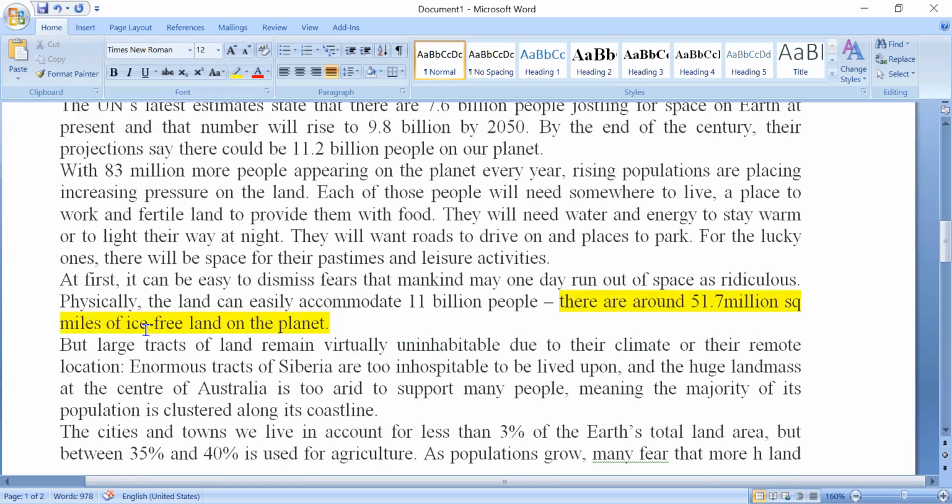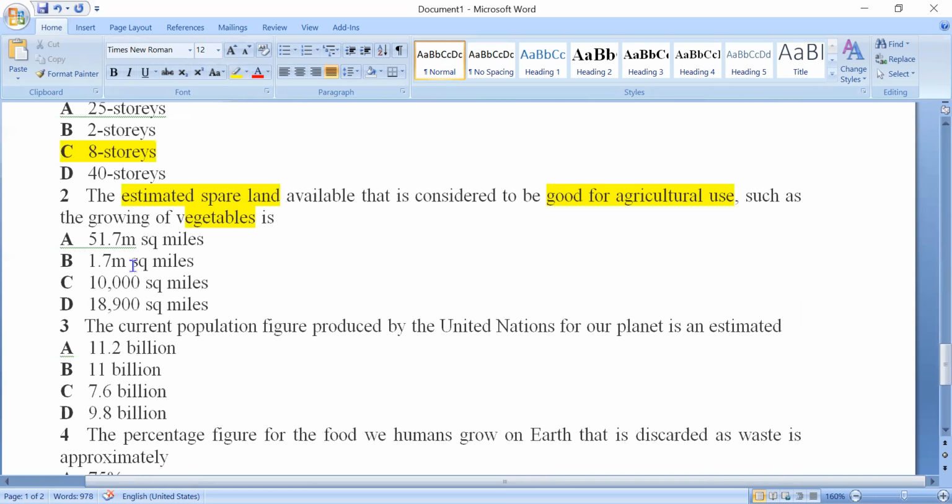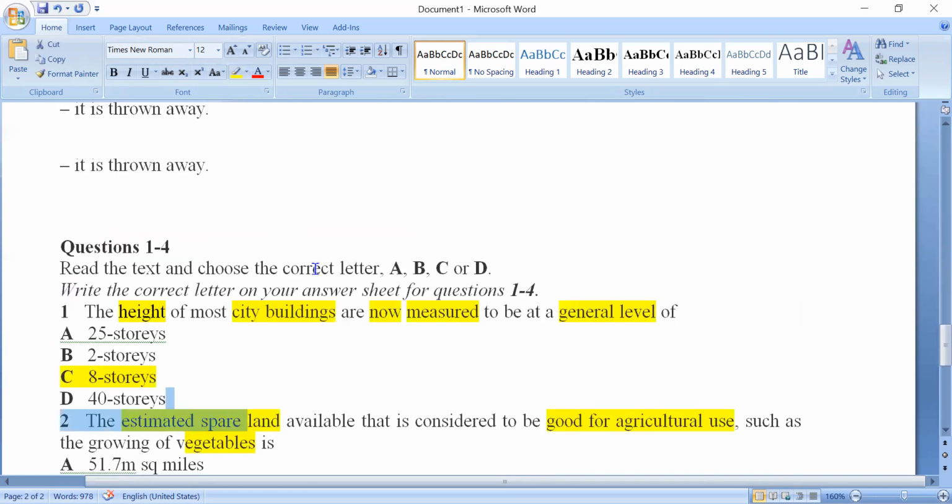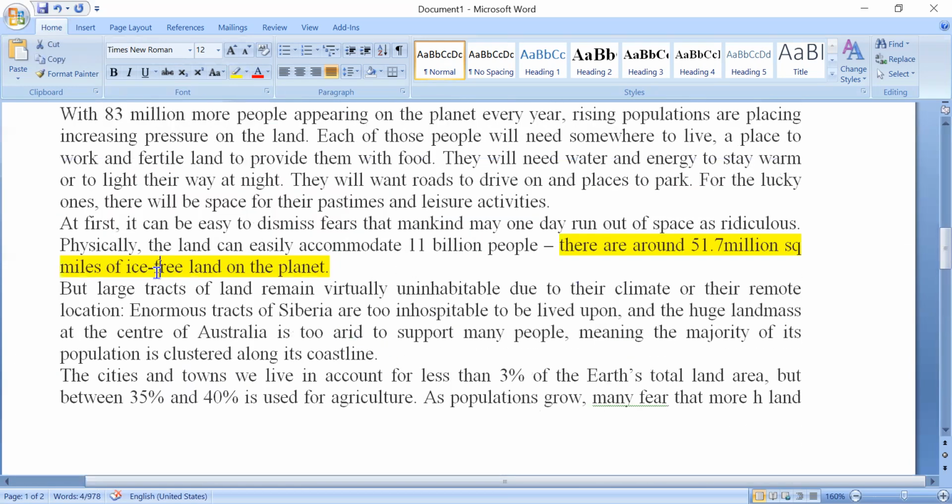We have to find out spare land, and the thing is, IELTS is very much trickier. You have to guess the alternative words or the synonyms at the same time. For example, the question was about spare land, but as you can see here, our reading passage has indicated free land.